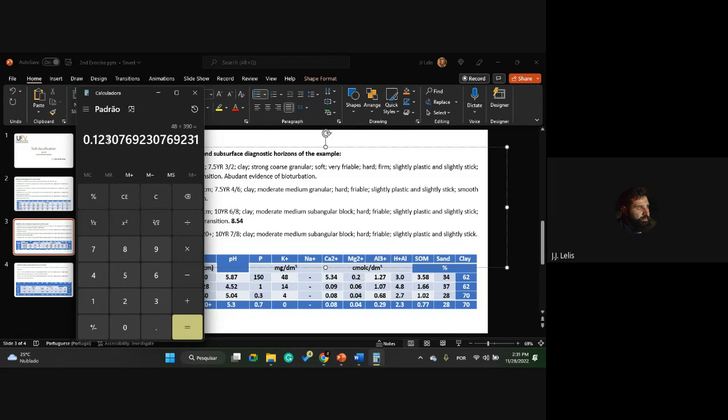So the content of potassium in this case, in the surface diagnostic horizon, is just 0.12. It's quite low. So 8.54 plus 0.12, it's just 8.66. So it's a low value.